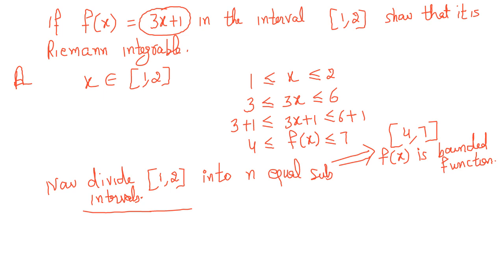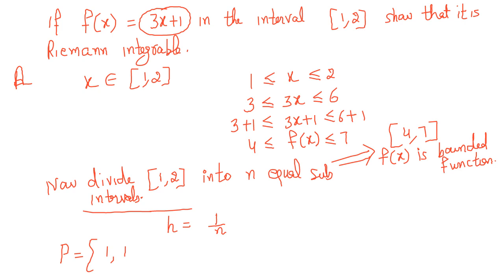What is the value of h here? It is 1 by n. Now divide this into the partitions. So partitions are 1, next 1 plus 1 by n.